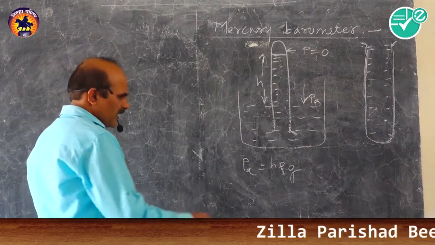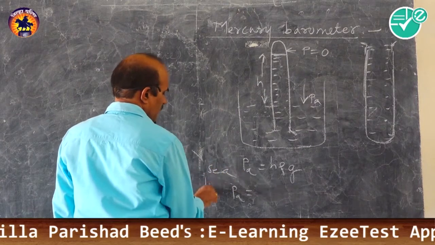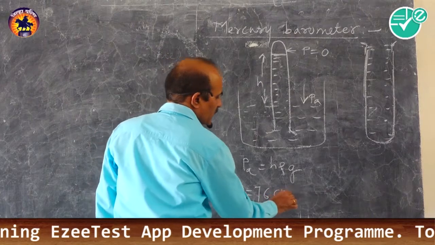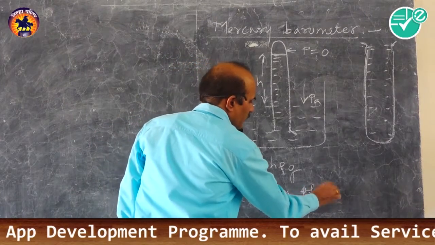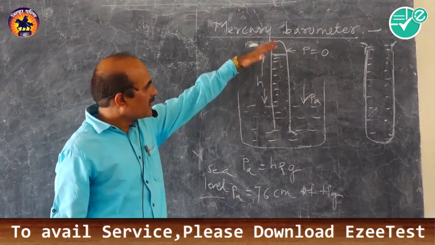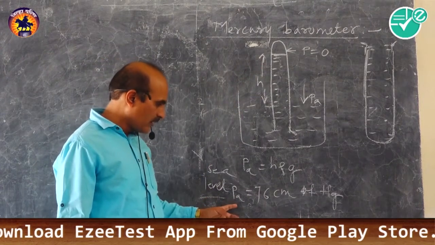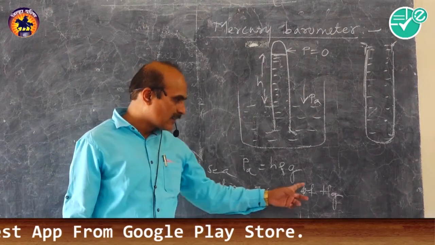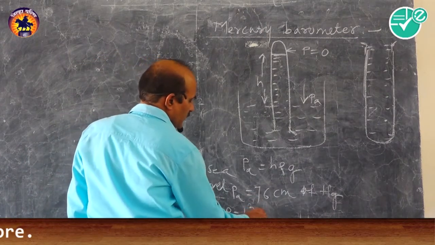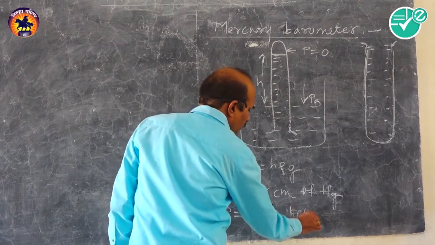Now the atmospheric pressure at sea level is 76 centimeter of mercury, Hg, because there is a 76 centimeter height in the barometer. The density of mercury, we know, is 13,600 kilogram per meter cube.